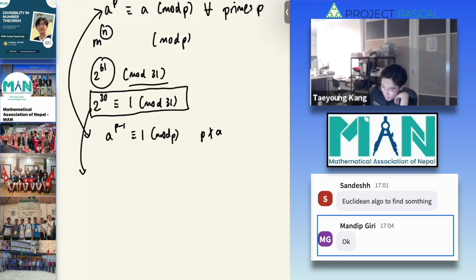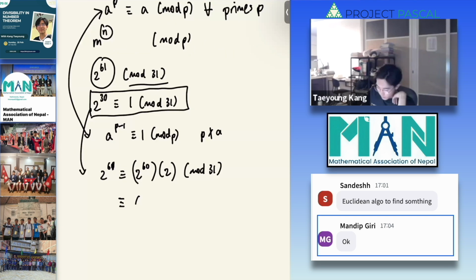Because 2 to the power of 61 is congruent to 2 to the power of 60 times 2 mod 31, which is basically congruent to 2 to the power of 30 squared times 2 mod 31.